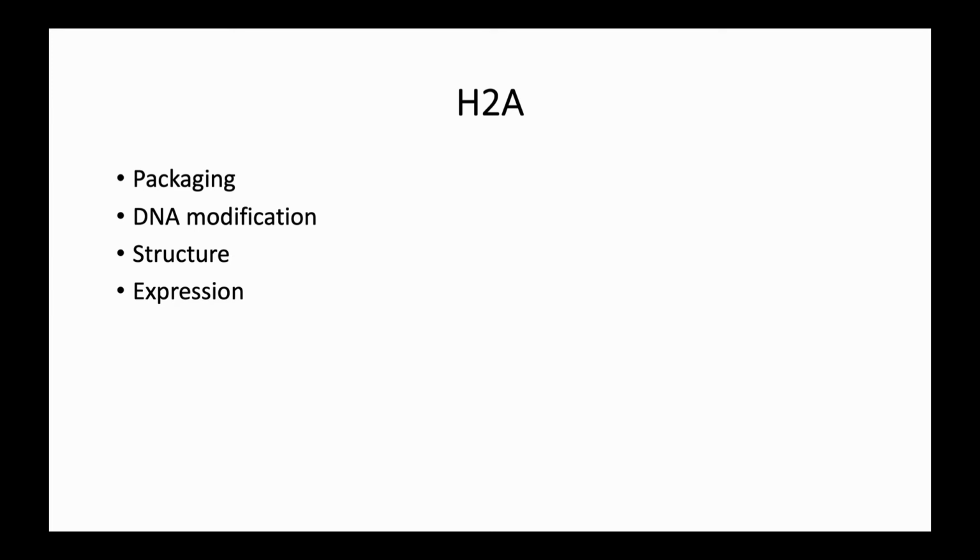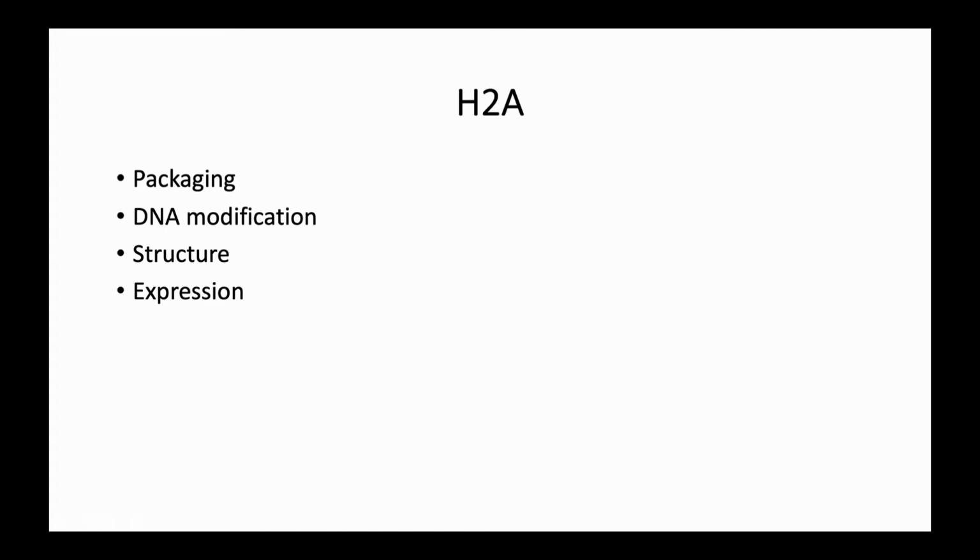All right, so let's start off by talking about H2A. H2A is important for packaging DNA into chromatin. Since H2A packages DNA molecules into chromatin, how the packaging process occurs will affect gene expression.